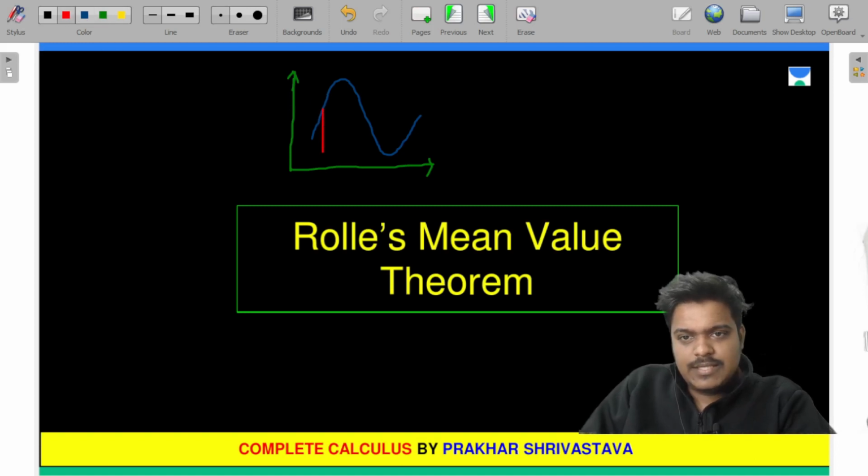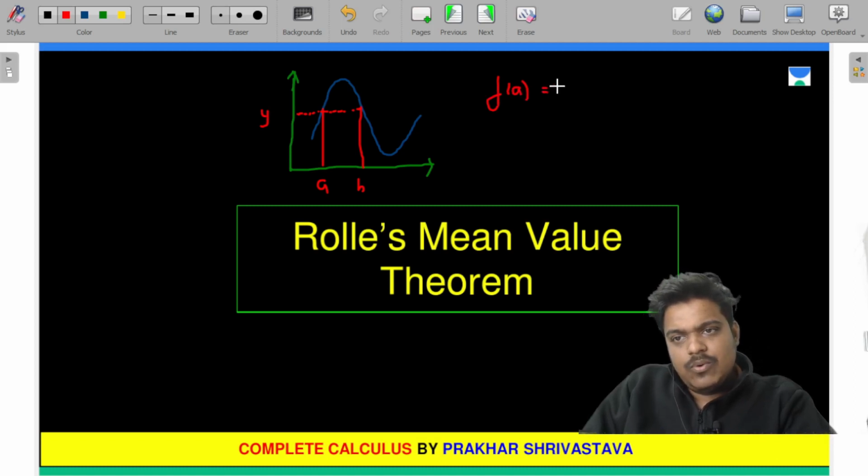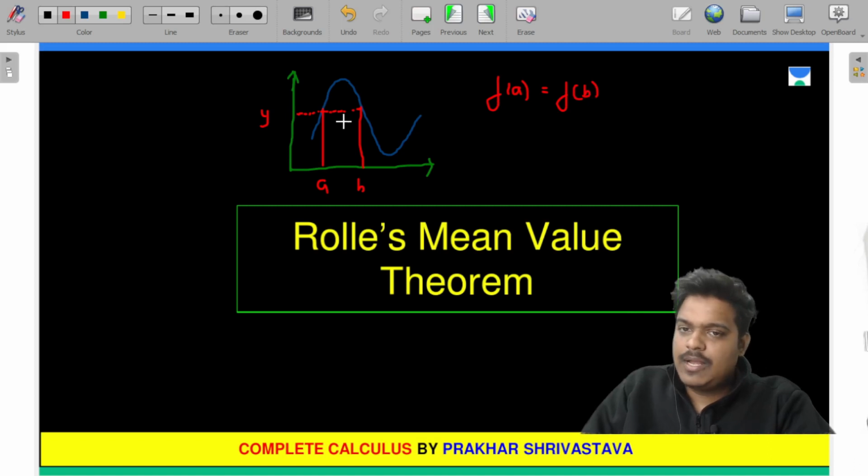Suppose this is x is equal to a and this is x is equal to b, but you actually find out that the value of f of a is equal to f of b. Okay, fine, that is absolutely clear.